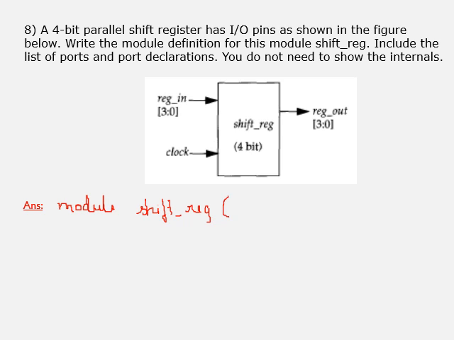So the port list is, say, I will start with the output first. register_out, then register_in is the input, then the next one is clock. Okay, clock, close, semicolon.